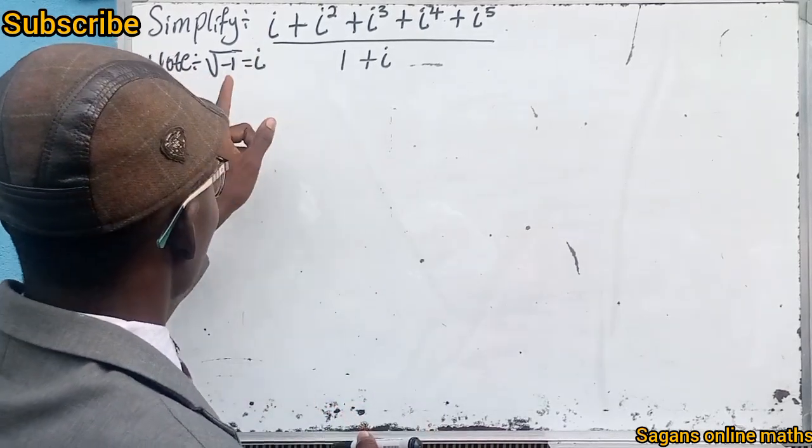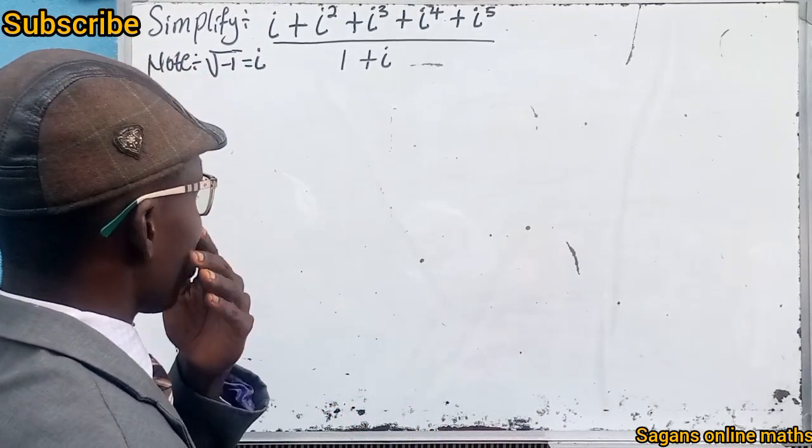So look at what you are going to do. In place of the imaginary unit, I'm going to put root -1 so that it is easier for me to simplify this.